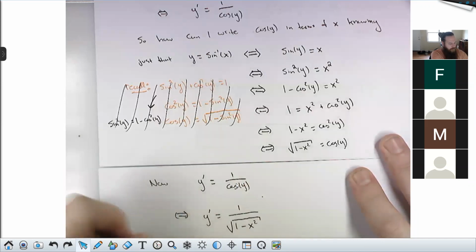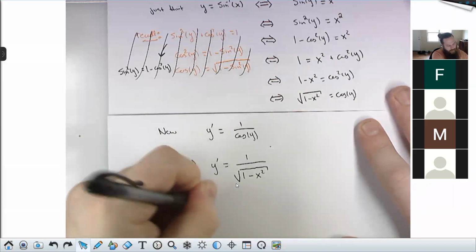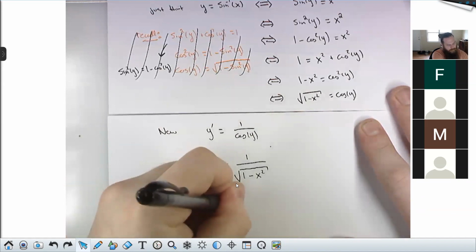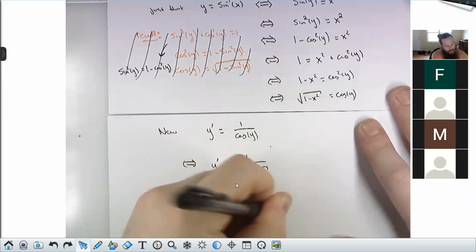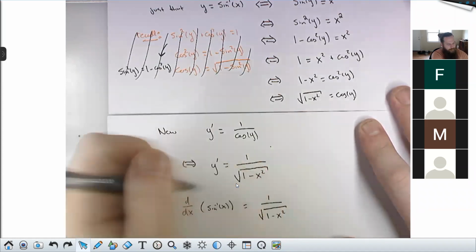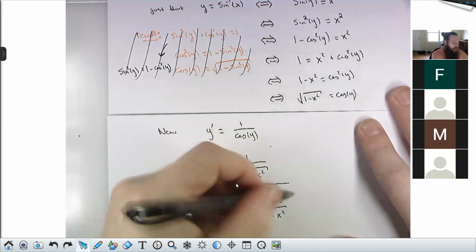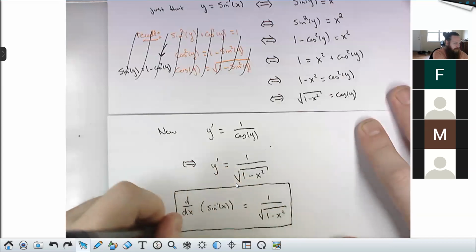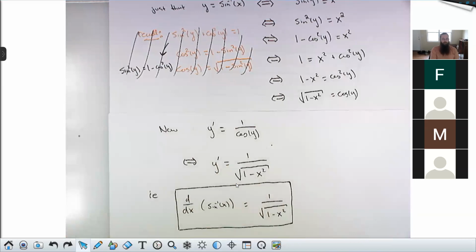And that's what we were after, i.e. the derivative d dx of the inverse sine of x is equal to 1 over the square root of 1 minus x squared, like this. And this is the second most important inverse trig derivative. The most important being the inverse tangent function that I showed you guys on Friday. I'll go through that one also.